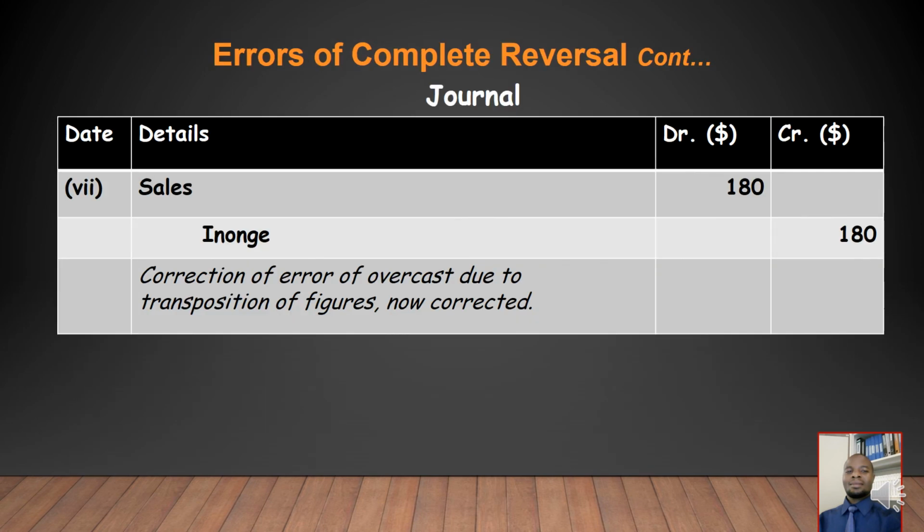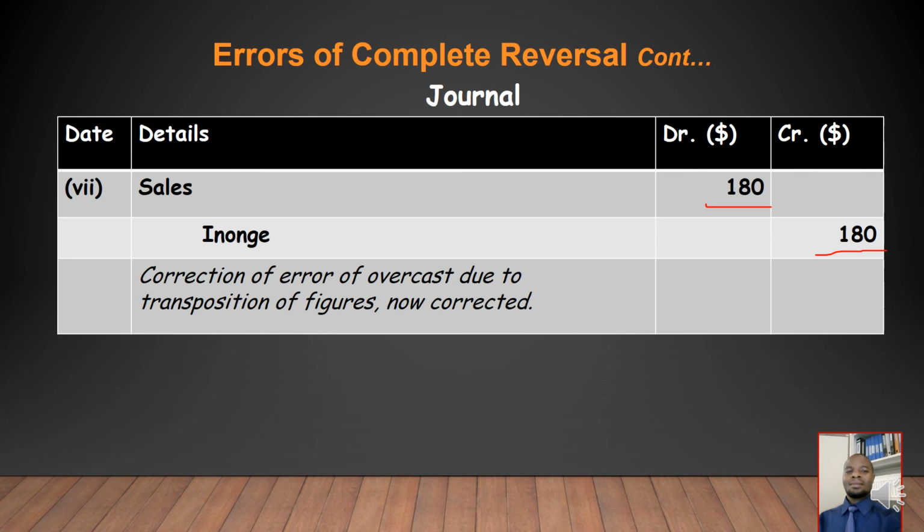In the journal, all that we are going to show are the correcting entries, and these are debit the sales account with 180 and credit Inonge account with 180, being the correction of error of overcast due to transposition of figures, now corrected.